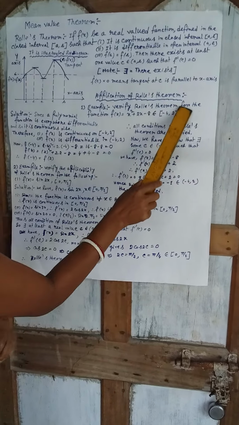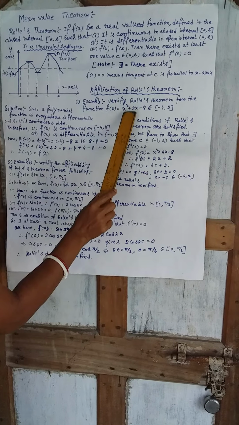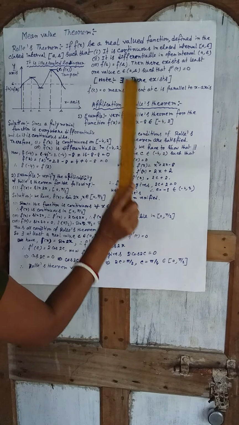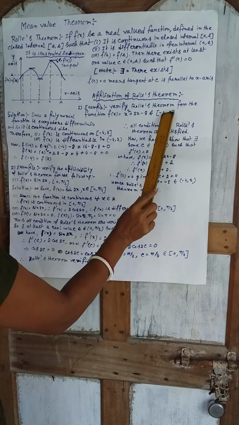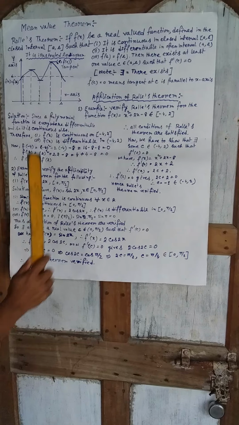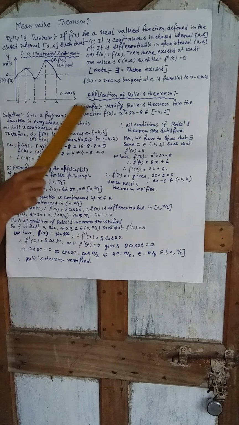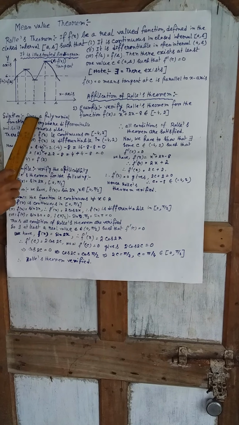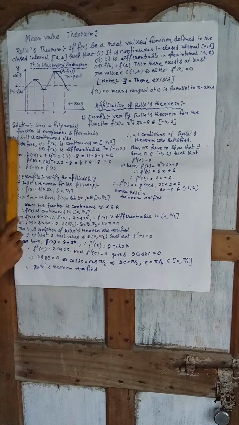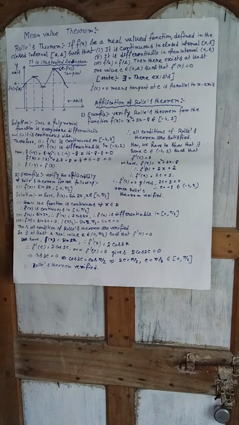Verify Rolle's theorem for the function f(x) equal to x squared plus 2x minus 8 in [-4, 2]. Now the solution. Since a polynomial function is everywhere differentiable, it is continuous also.